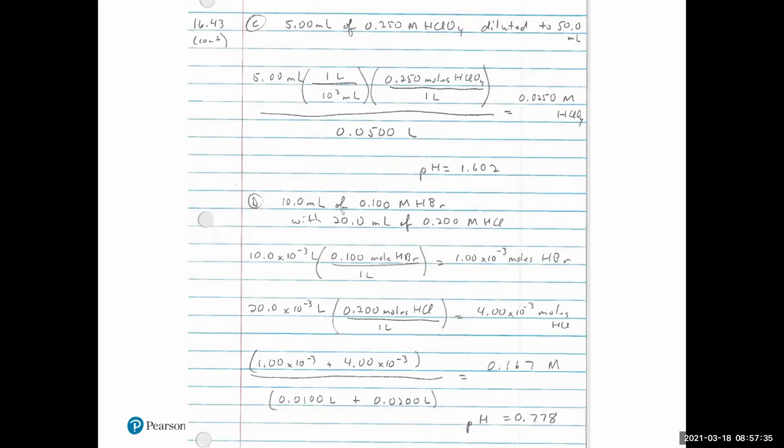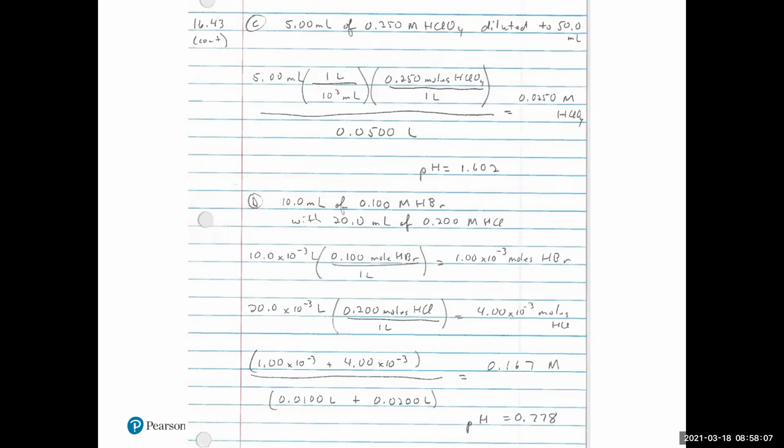We're told 20 mils of the 0.2 molar HCl. So once again, 20 times 10 to the minus 3 is that 20 mils expressed in liters, times 0.2 moles per liter, gives us 4 times 10 to the minus 3 moles of HCl. So what we know now is how many moles of HBr were put in there and how many moles of HCl were put in there.